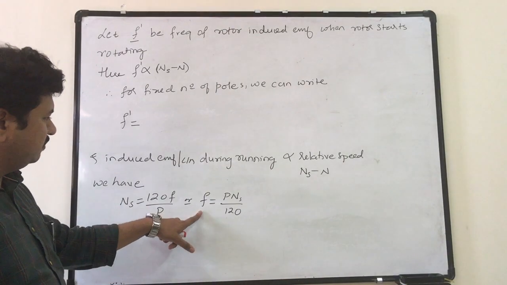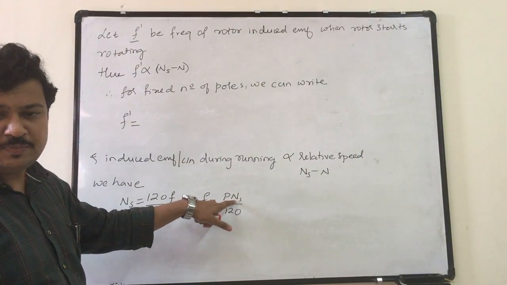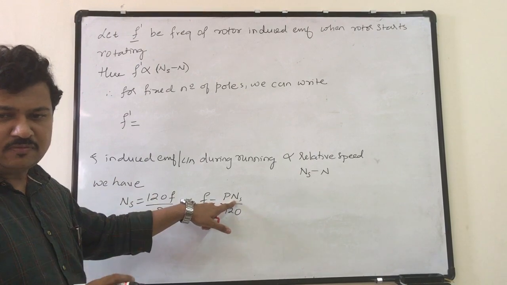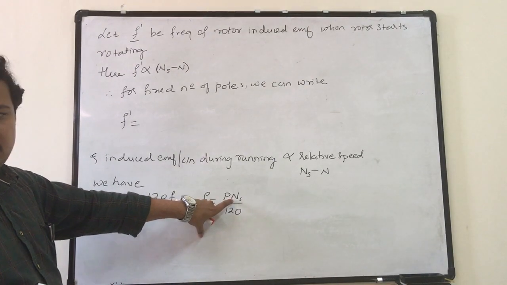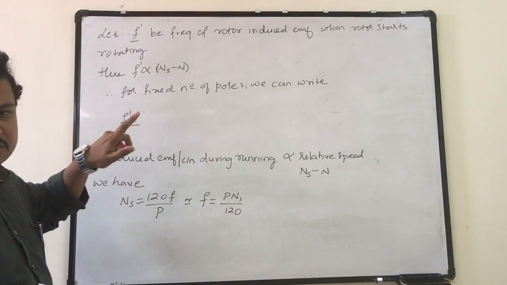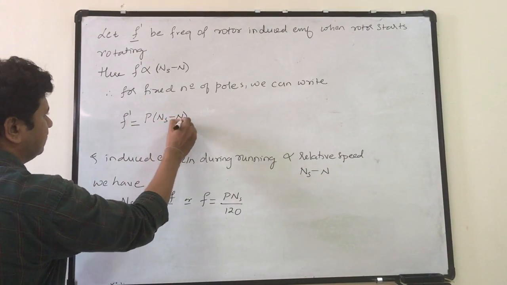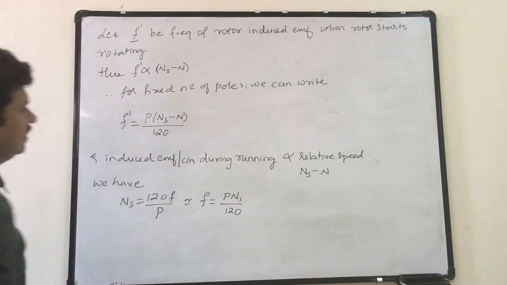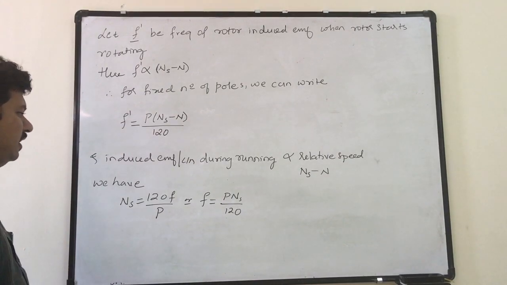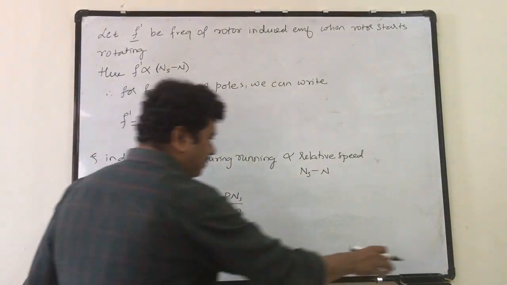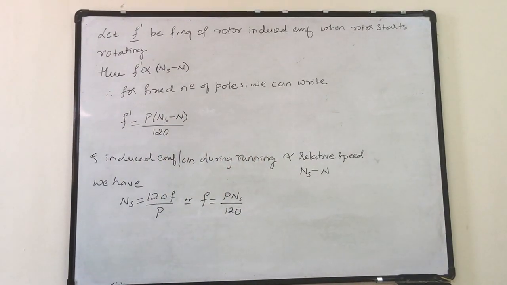So the frequency of induced EMF at start is proportional to the relative speed between the rotor and the rotating magnetic field. Since the rotor speed is 0, the rotating magnetic field speed will exist. But now the rotor speed is not 0. So therefore I can write f dash is equal to p into ns minus n divided by 120. Now this is the frequency of rotor induced EMF.